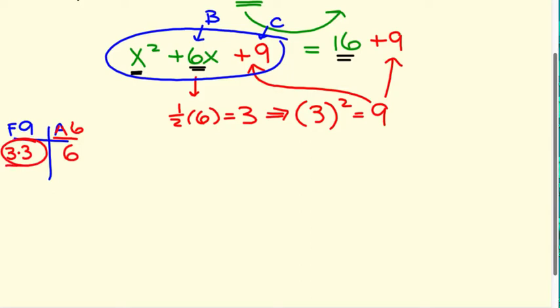You always get the same number on the left-hand side, a repeated 3.